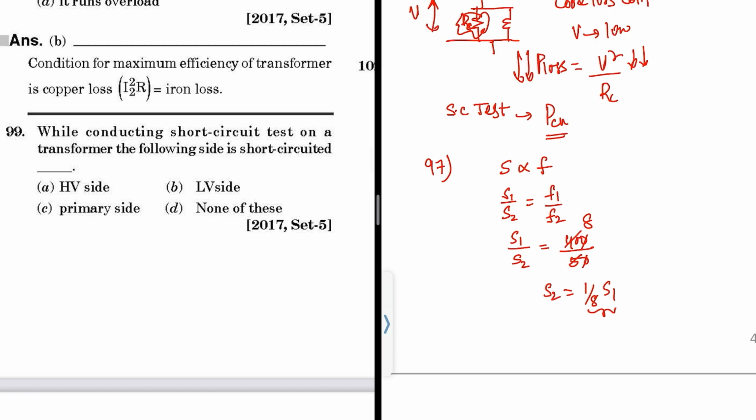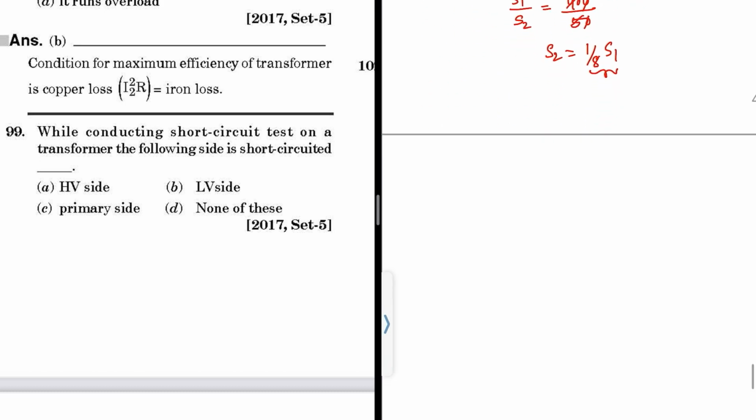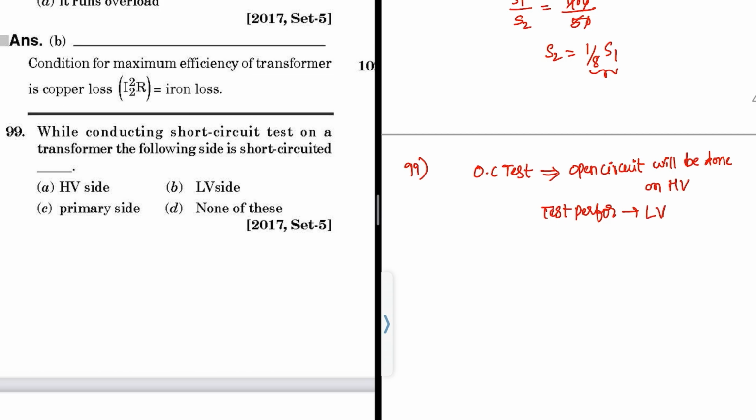While conducting the short circuit test on a transformer, which of the following sides is short circuited? Let me explain this. In the open circuit test, the open circuit is done on the high voltage side and the test is performed on the low voltage side.